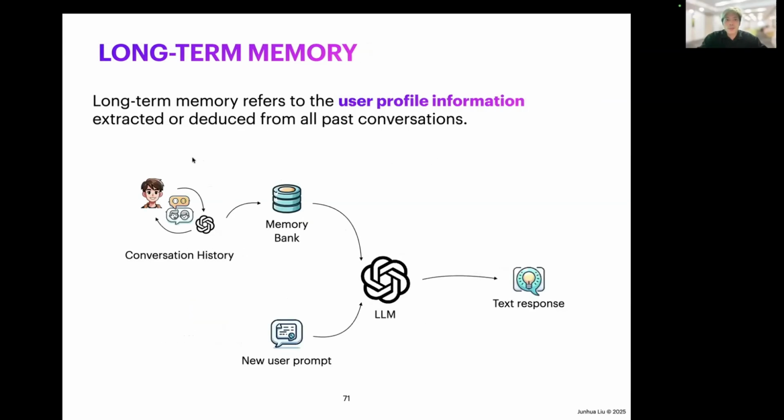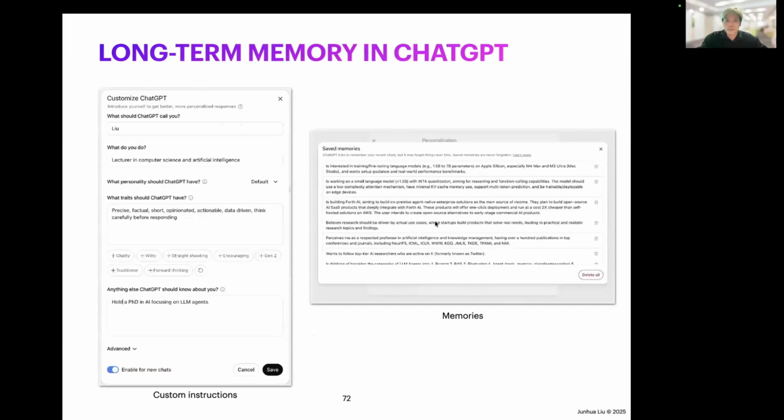And long-term memory refers to the user profile information that is extracted or deduced from all the past conversations and interactions between the user and the LLM. We can see ChatGPT allows us to edit the memory saved. And of course, when we are a paid user, the memory base size will be much larger.